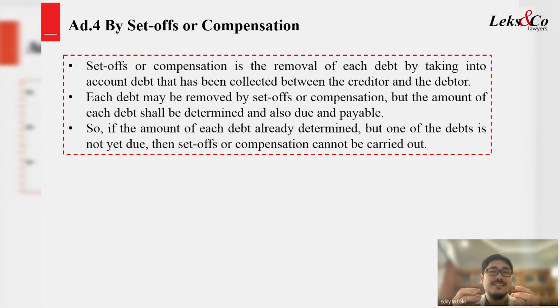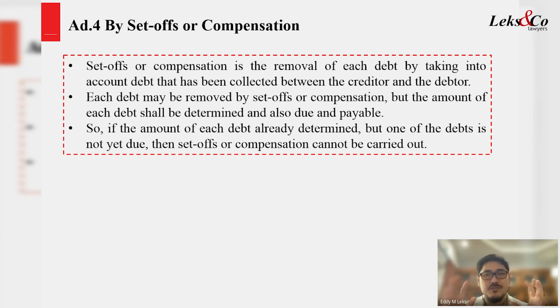So when there is a compensation or a set-off, it means that, let's say this is A and B, right? A has to pay 100 to B, B has to pay 150 to A. When the debt is compensated, the deficit will be 50, right? Because 100 and 150, when it is compensated, the deficit will be 50.